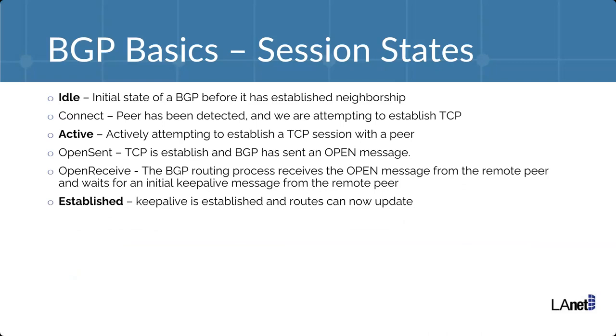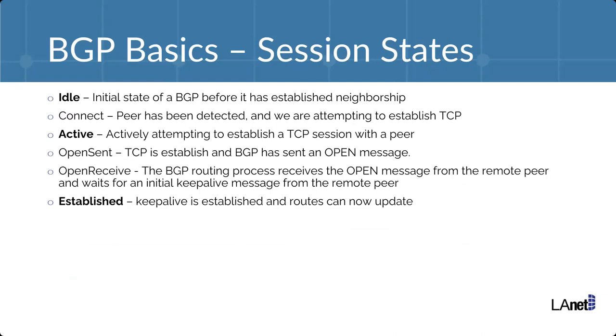And then session states. When we build our neighbors in BGP, we're going to get a series of session states. I'm really going to cover 3. Just be aware there's more than 3. There's 6. But the 3 you're going to see the most common are idle, active, and established. And one thing to note right away about BGP that's different from all other routing protocols is that BGP is reliable. It runs over TCP 179.